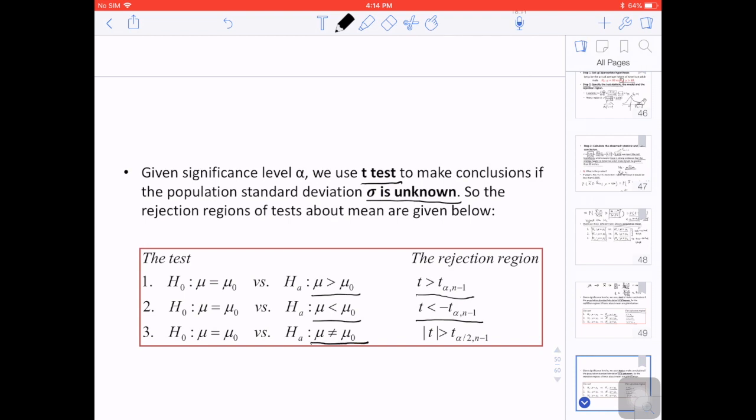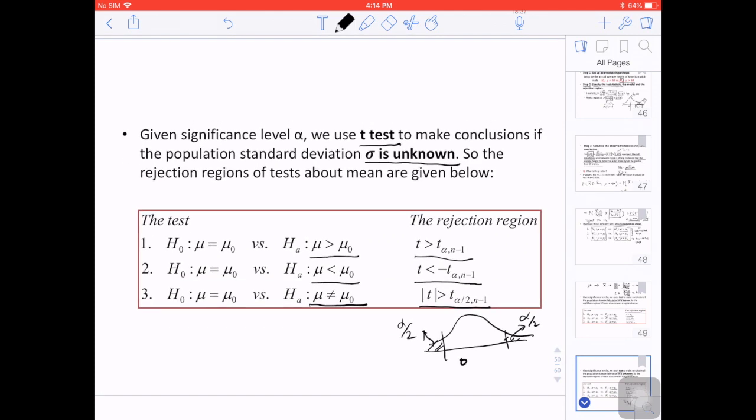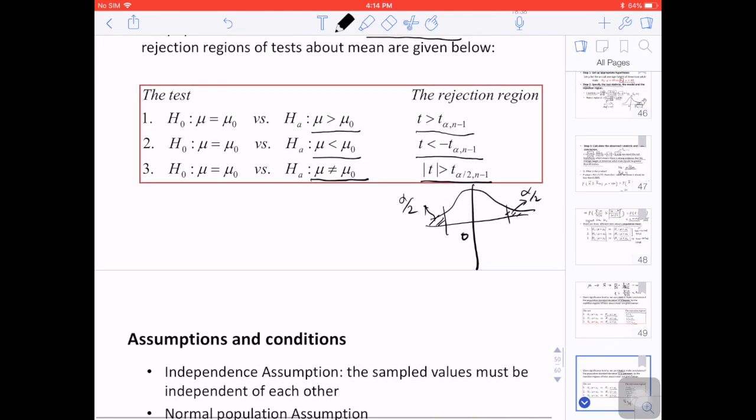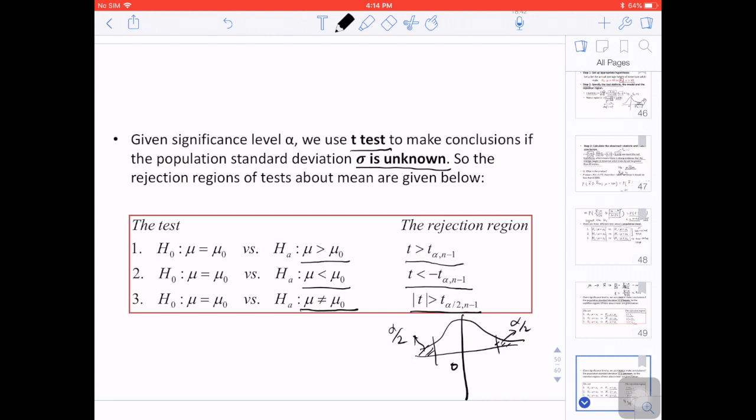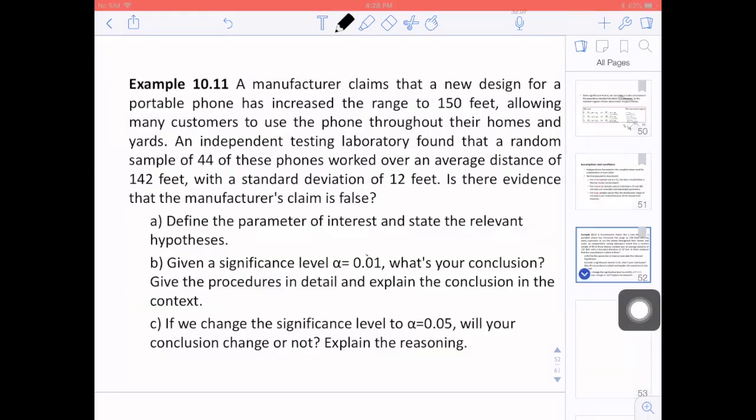If your alternative hypothesis is mu not equal to mu 0, your rejection region will be the absolute value of t larger than the critical value. Of course, here your alpha should be alpha divided by 2 because it's a two-tailed test, right? The summation of these two areas should be equal to alpha, and they're symmetric, so each area should be alpha divided by 2. All right, so that's all for the test on a single mean.